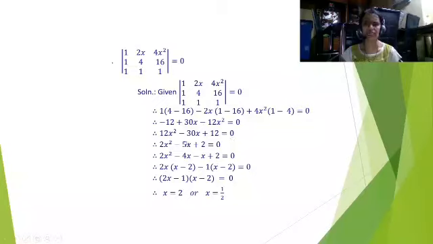Taking 6 common, you will get 2x² minus 5x plus 2 equal to 0. Now this expansion of minus 5x is minus 4x minus x. Take 2x common, x minus 2 minus 1, x minus 2 equal to 0. So it is (2x minus 1)(x minus 2) equal to 0. You will get x is equal to 2 or x is equal to half.